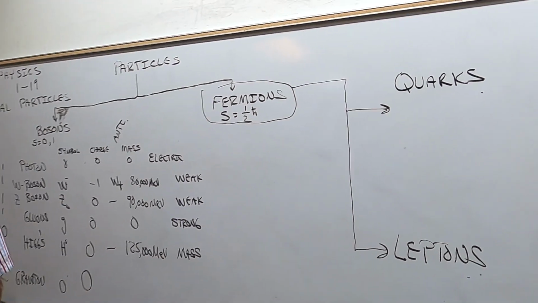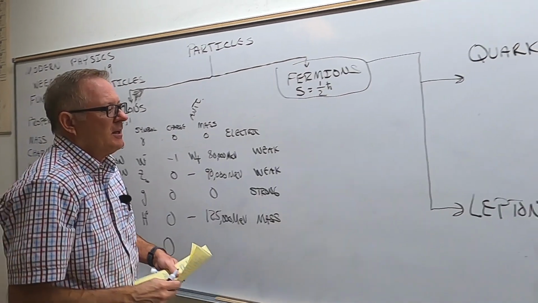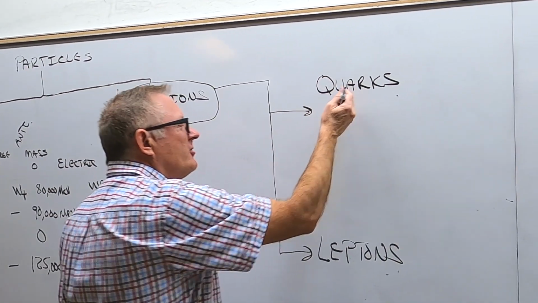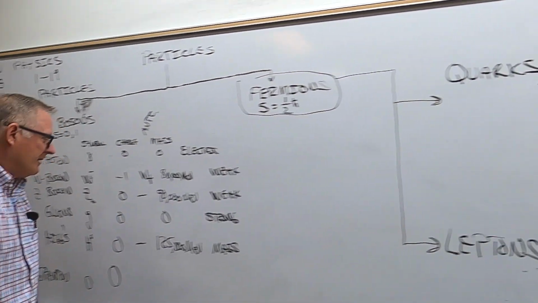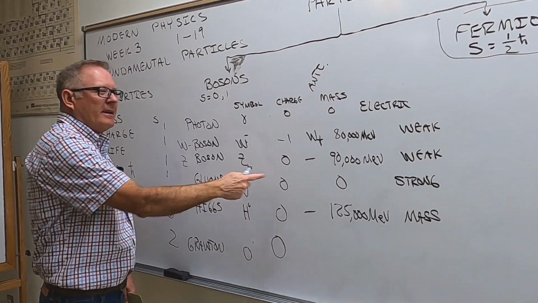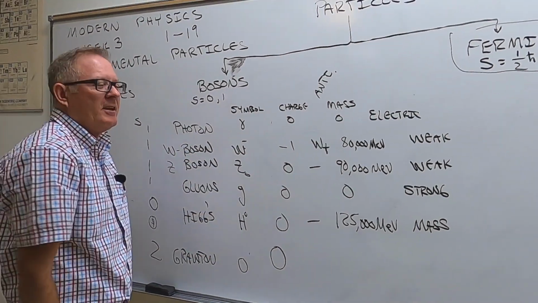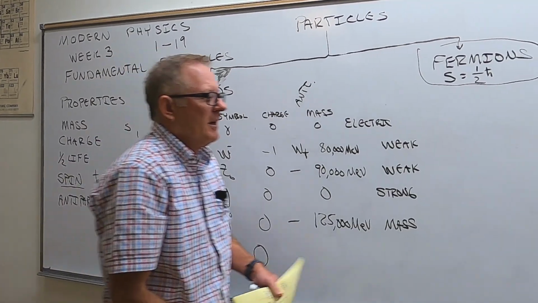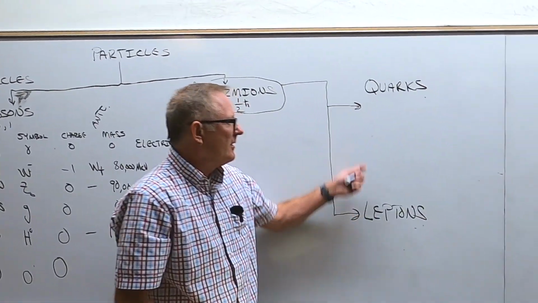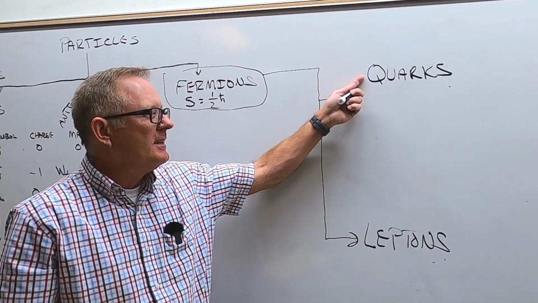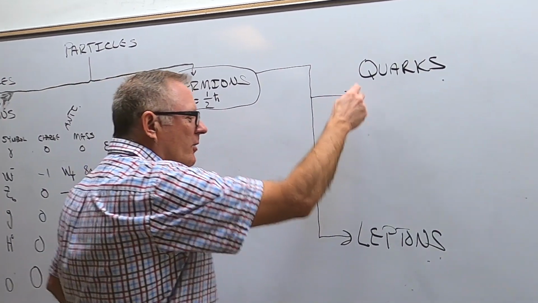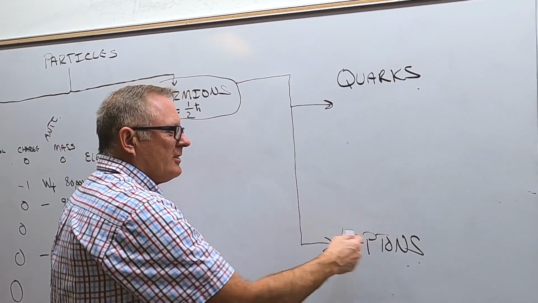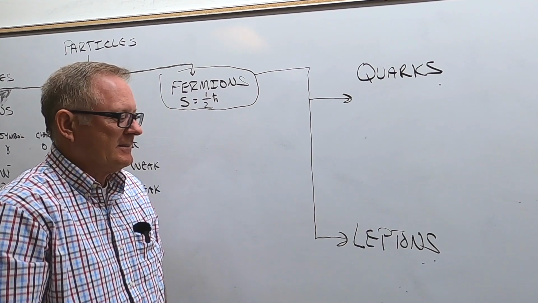Now, how are these two distinguished? This one feels the strong force. This one feels those gluons. These other ones don't even notice them. So they both feel the electric force, so they both see photons, but this one sees the strong force, and this one doesn't. That's why leptons don't hang out in the nucleus of the atom.